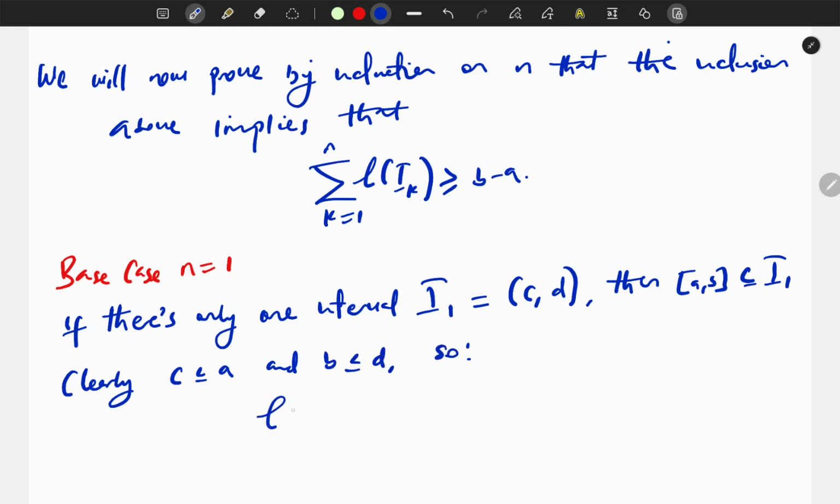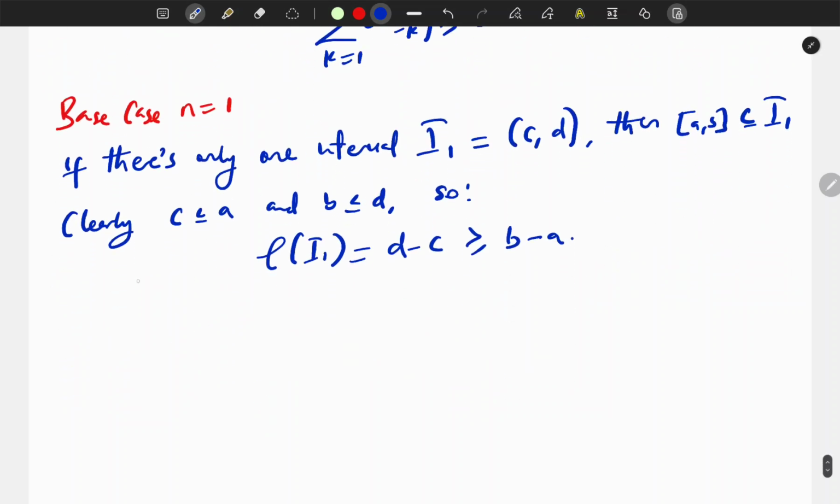So the length of I1 should be equal to d minus c, and since d minus c is greater than or equal to b minus a, the claim holds for n equals 1.